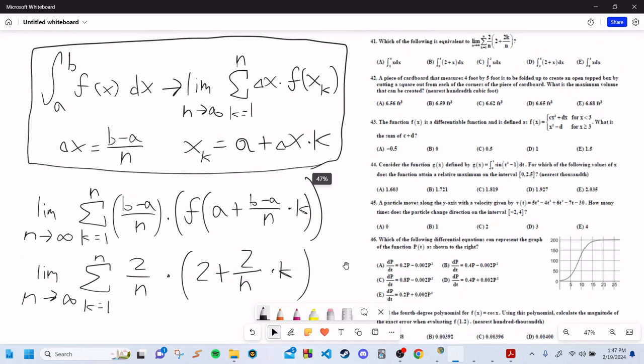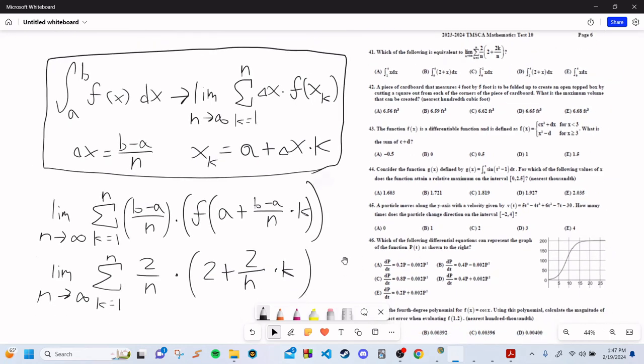And so what information we can get from this is that the difference between our upper and lower bound must be 2. And so right away that eliminates answer choice B, because these are 4 apart, and answer choice E, because these are also 4 apart.